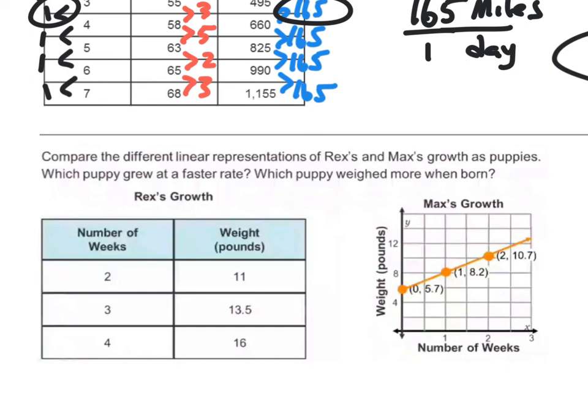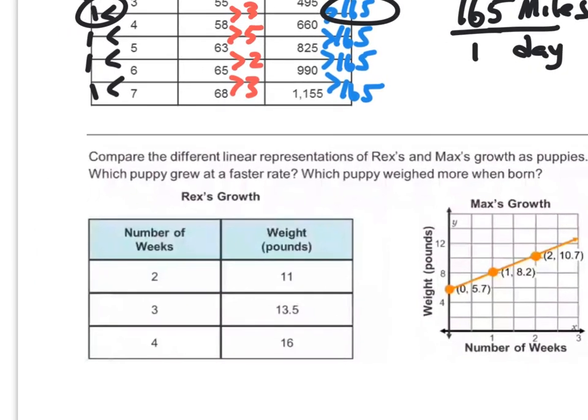And so what I have here is that, okay, as we increase by 1 week, how much does the weight increase by? And so this increased by, what was that? Is that 2.5 pounds per week, and then another 2.5 pounds?